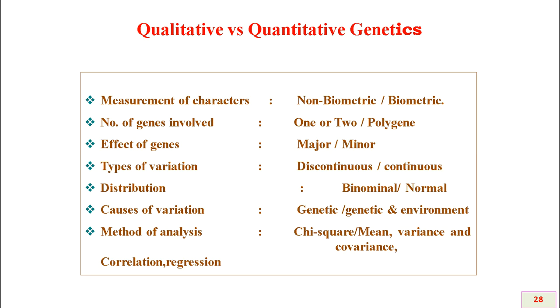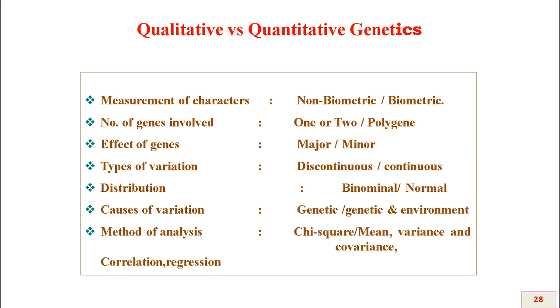Then, qualitative versus quantitative genetics. Now we have come to the genetics. The qualitative characters are a non-biometric measurement, whereas the quantitative is biometric. The number of genes involved is only one or two in case of qualitative characters, whereas in case of quantitative, multiple genes are required. The effect of the genes in case of qualitative is major, whereas in quantitative it is minor.